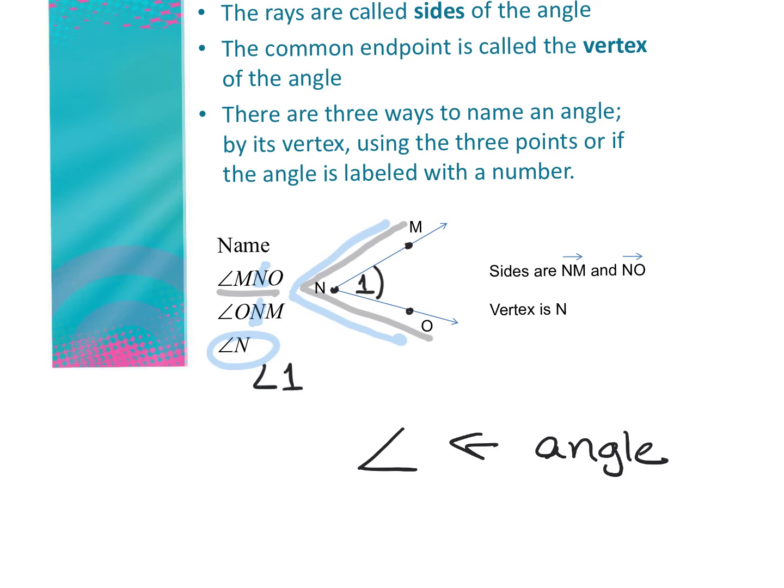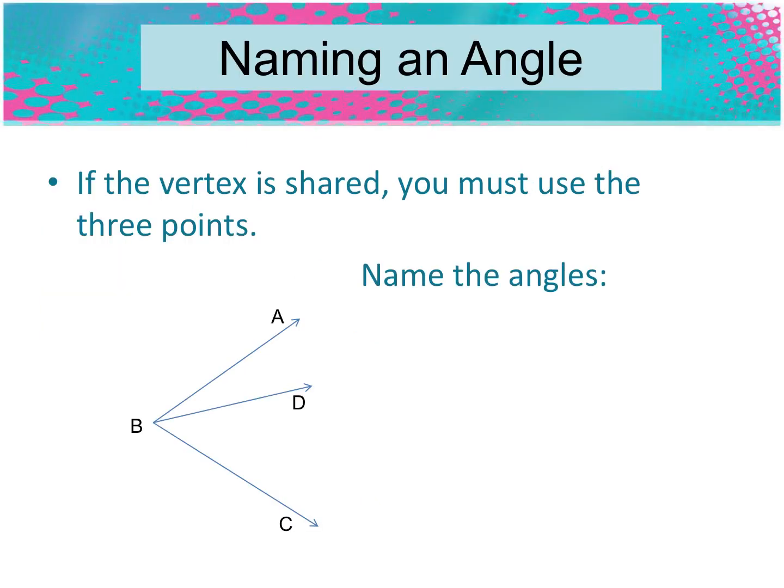If you don't want to put that little symbol, another way to do this, you would call this either angle 1 or angle N. So you would write out the word instead of putting this symbol. If you just list 3 points, I don't know if you're referring to the 3 points individually or if you're talking about them as an angle. Pretty good? All right.